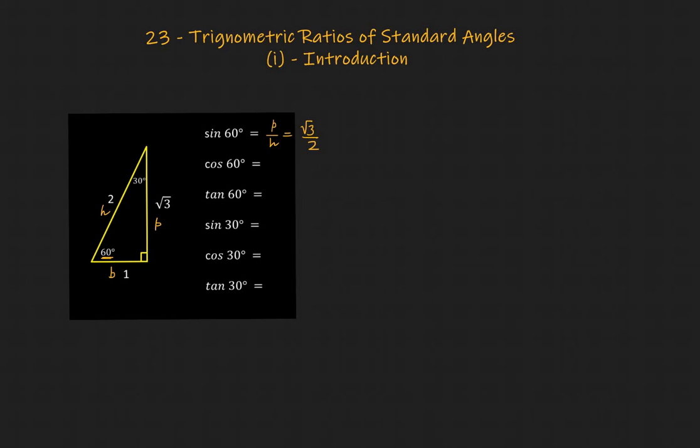Cos is base by hypotenuse, 'curly brown hair', that's 1 by 2. Tan is perpendicular by base, 'till painted black', that is root 3 by 1. So those are the different values for 60 degrees.